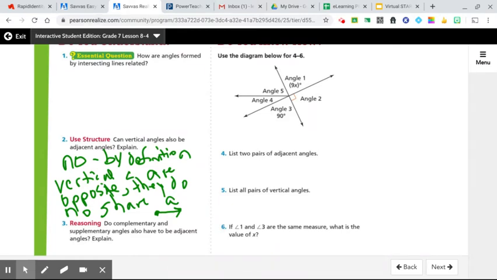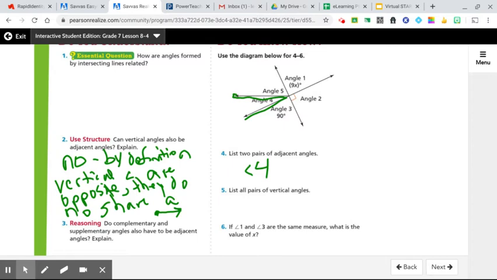All right, then I asked you to do number 4. List 2 pairs of adjacent angles. So really, you could pick literally any starting point. Let's pick angle 4. Okay, here are the 2 rays that make up angle 4.